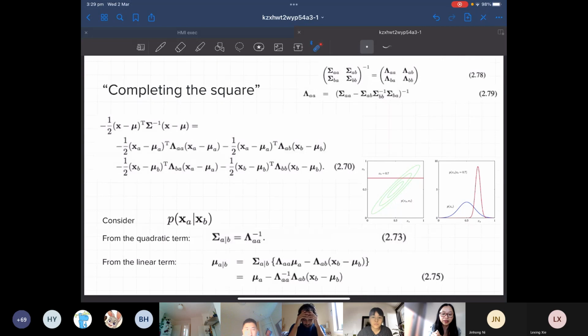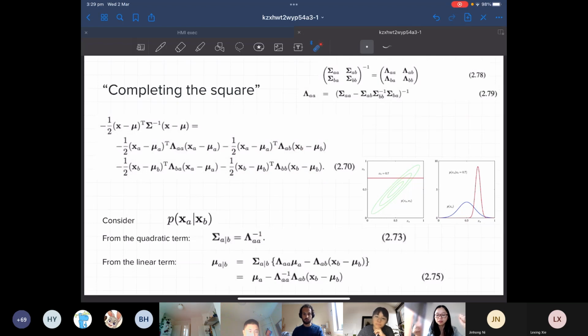So what we do is we take this quadratic form inside the exponential for a vector-valued Gaussian. We expand it into the two parts, XA and XB. The first term is simply the quadratic part involving XA. The last one is the same thing involving XB, and in the middle are the two cross terms.